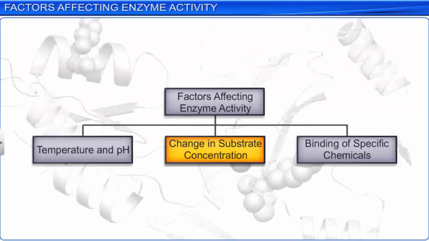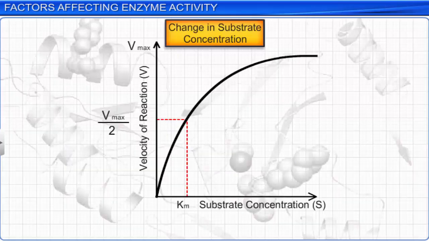Change in substrate concentration is the second factor impacting enzymatic activity. Here's a graph which shows enzyme velocity at many different concentrations of substrate. If the substrate concentration increases, initially, the velocity of enzymatic reaction rises. In the final stage, the reaction reaches a maximum velocity or Vmax.